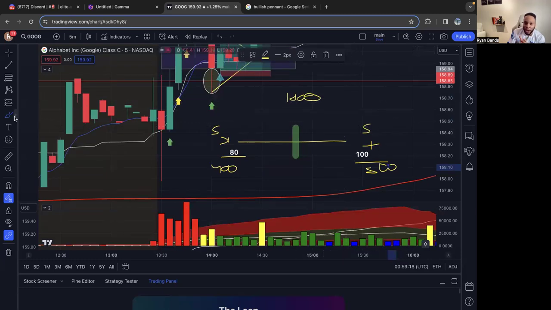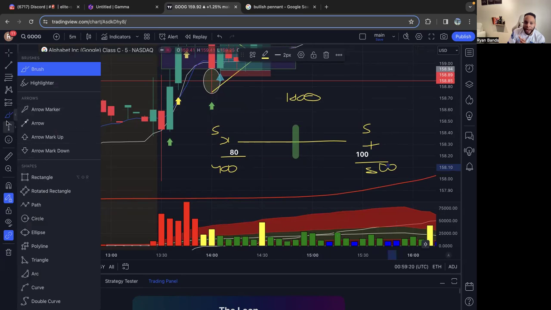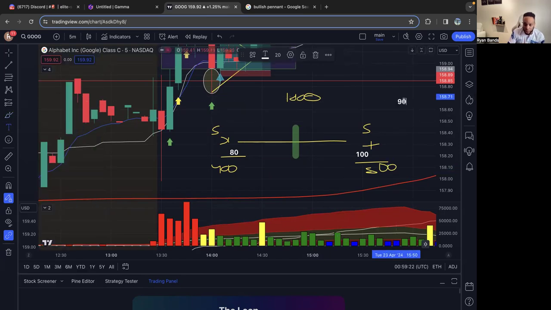So what is $900 divided by 10? That's going to mean $90 per contract. And the best part is that $90 is right here at the midpoint in your trade.